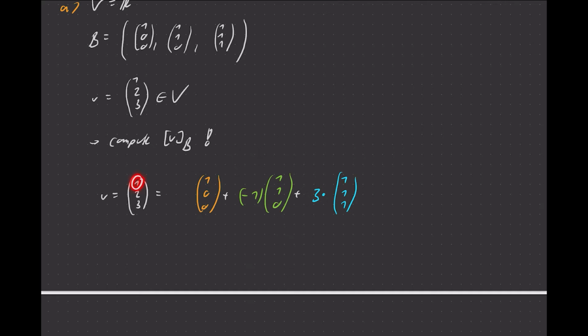We want it to be 1, so we need another -1 in front of the orange vector to subtract 1 from that. Okay, so what we get is the coordinate vector of V with respect to B is then (-1, -1, 3).